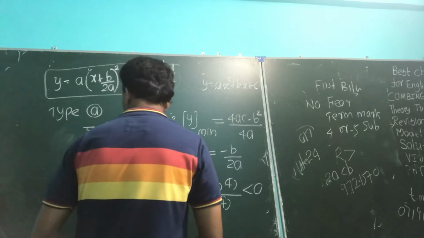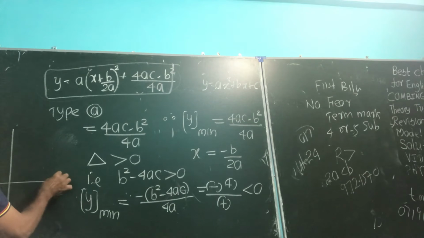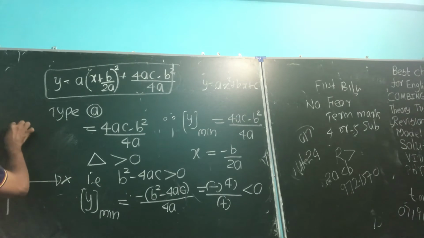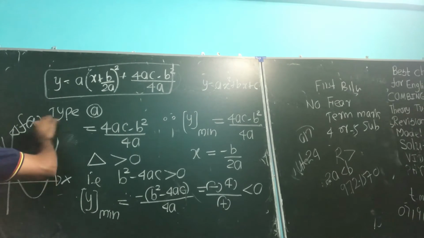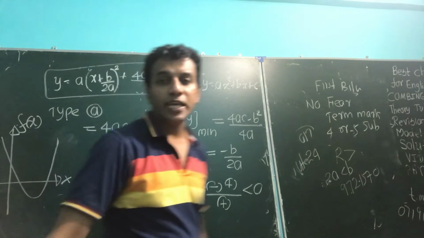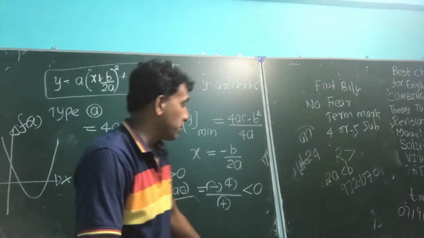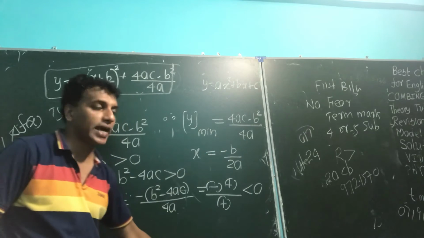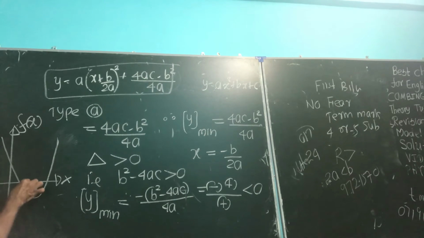So you can draw a small graph here. x-axis, and here fx function. Graph comes something like this. Graph has a minimum, negative minimum, below the x-axis.